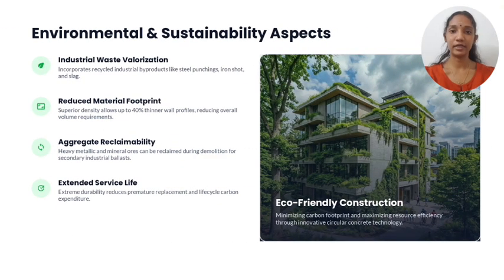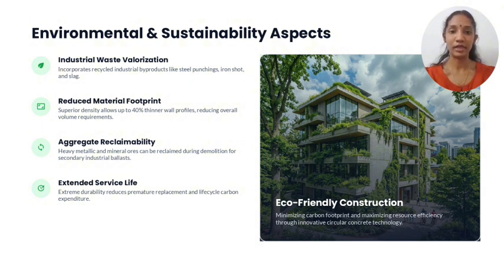Next is the environmental and sustainability aspect. Heavyweight concrete also contributes to sustainability. It can use recycled industrial material such as steel punchings and slag. Because of its high density, structures can be built with thinner walls, reducing the amount of concrete required.